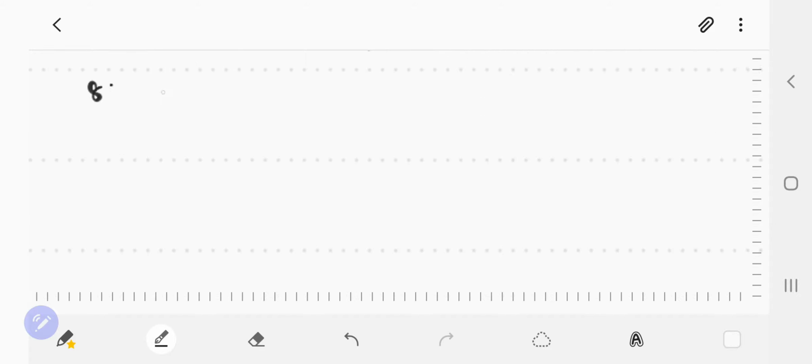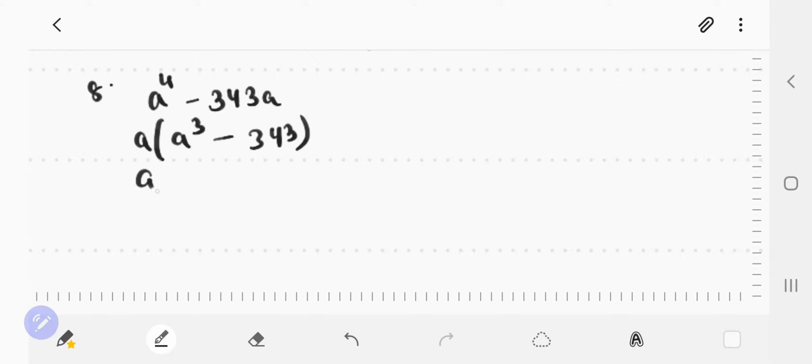Problem number 8, a^4 minus 343a. So take a common and inside will be a cube minus 343. And a, we can write as a cube, and 343 we can write as 7 cube.